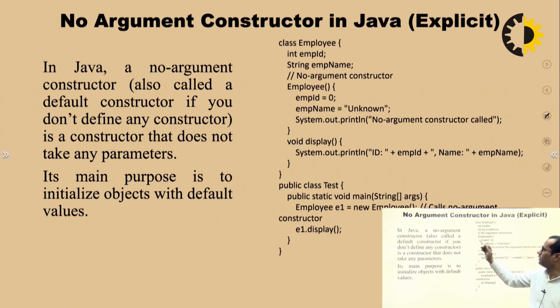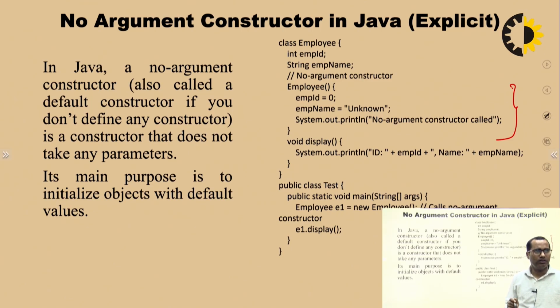It can be considered a no-argument constructor. Here I have written a constructor and it has no parameter, but we have written its definition explicitly. So it is not the default constructor, it is the no-argument constructor.